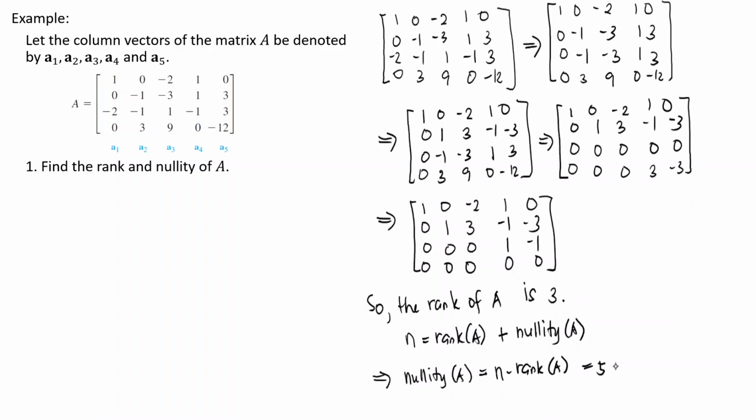So we have 5 minus rank of A, which is 3, so that is equal to 2. So the nullity of A is 2.